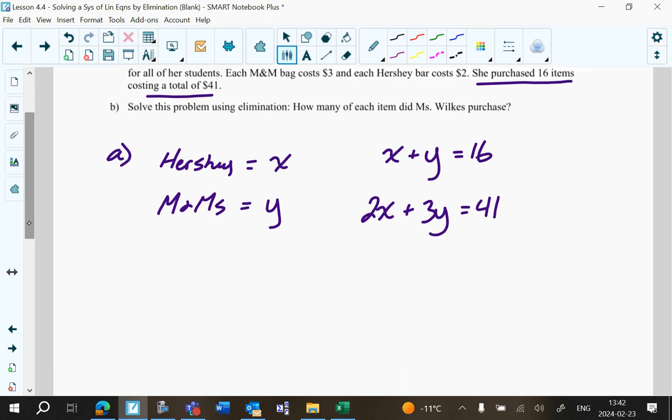We're going to reach the point where I'm going to say solve this problem using any method you want. But some students find it actually easier to use substitution for this one. But I don't know, I like elimination. Okay, what are we going to do? We can't just add or subtract them as they are. We got to do something to one or the other. What do you want to do?